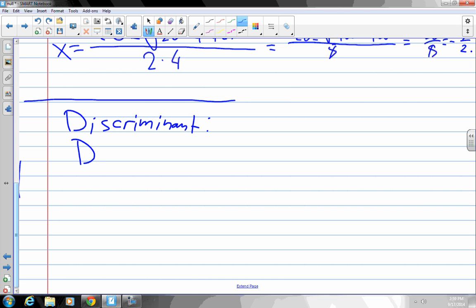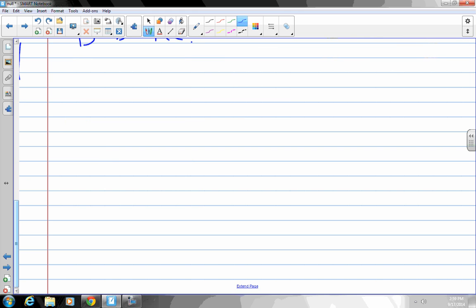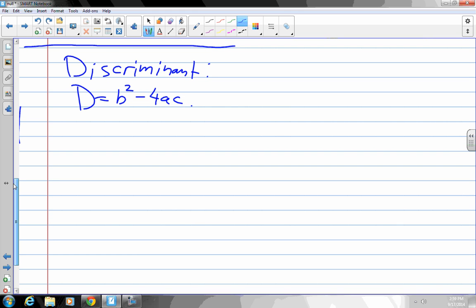So D equals b squared minus 4ac. So we can just compute that. You still have to compute that if you solve the equation, but this will give you an idea how many real solutions it has. It will come back a little later; we'll actually use the discriminant. But basically, if D is positive, then we have 2 real solutions.